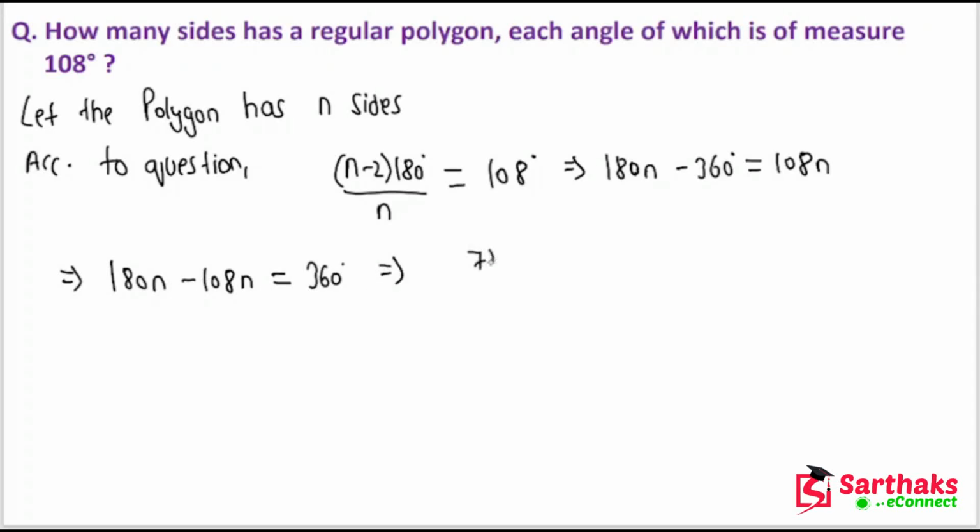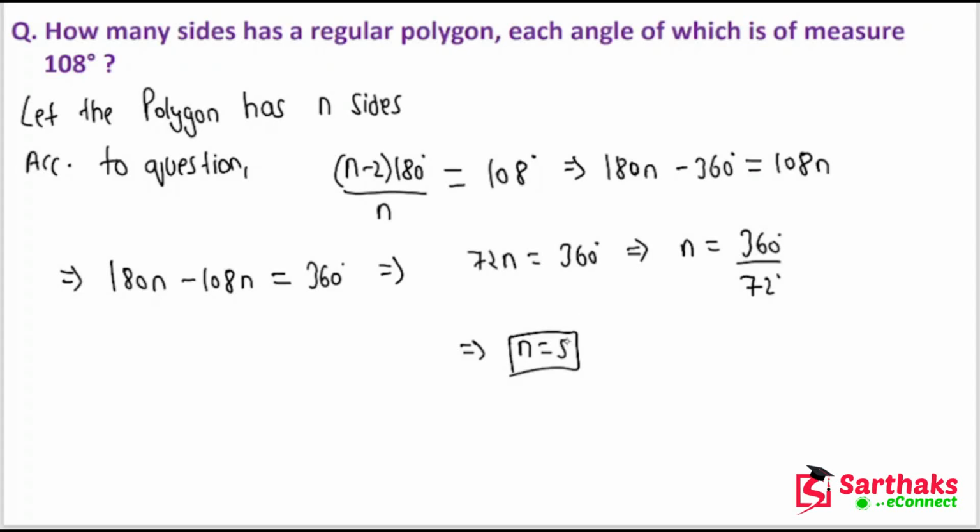Subtracting them, we will get 72n is equal to 360 degrees. Dividing both sides by 72, we will get n equals 360 degrees whole upon 72 degrees, which implies that n equals 5.